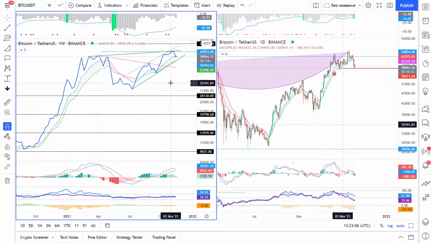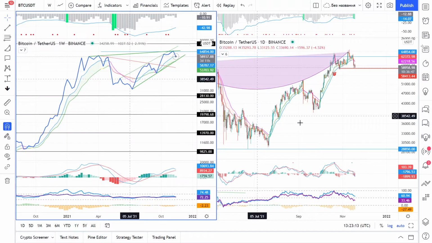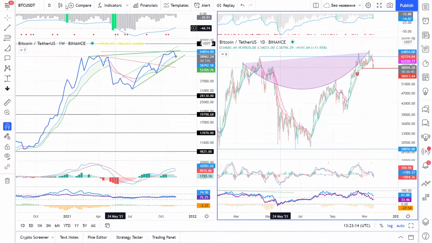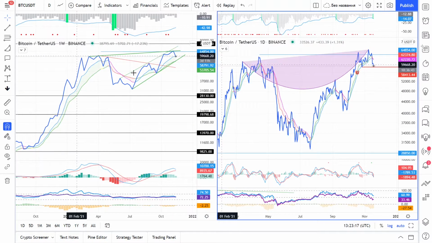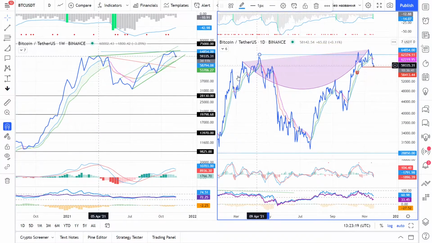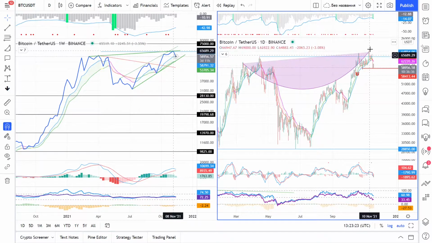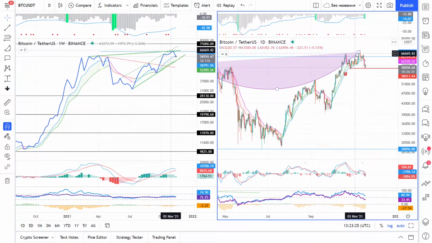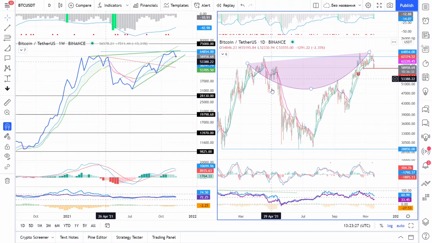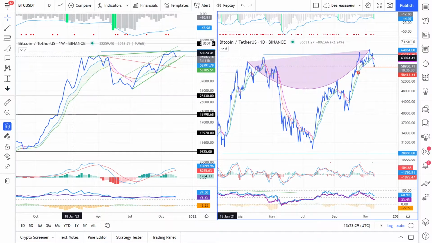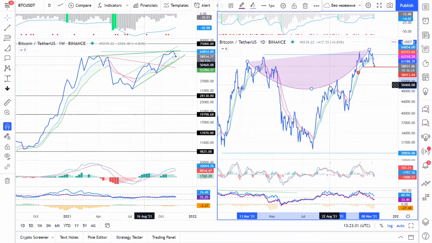So right here, the price action on Bitcoin looks like a symmetric opportunity, and I will explain why. On a daily, I've represented the whole price action after this all-time high right here, which, by the way, we beat recently, and that's a very strong development. I represented that price action using an arc drawing, and here is why.